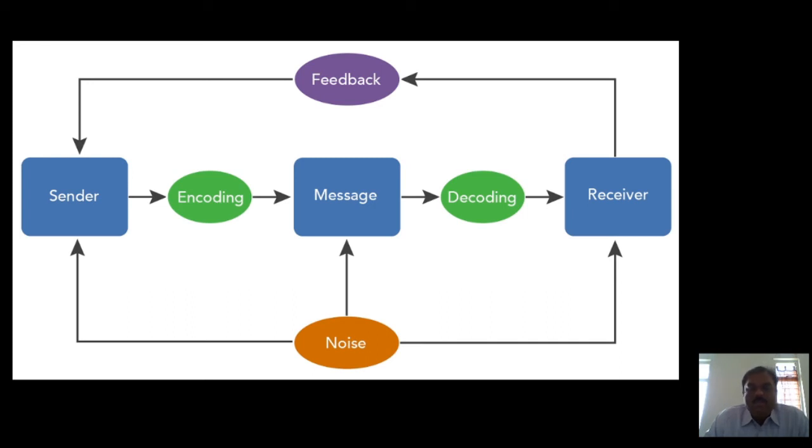Noise is all those barriers which come in between the sender and the receiver, which create physical or psychological barriers so that the sender's message may not have a proper impact or proper understanding with the receiver. This noise can be a fan sound, a cell phone beep, your own thoughts, or some disturbance from outside. All of this is encapsulated into the term noise.